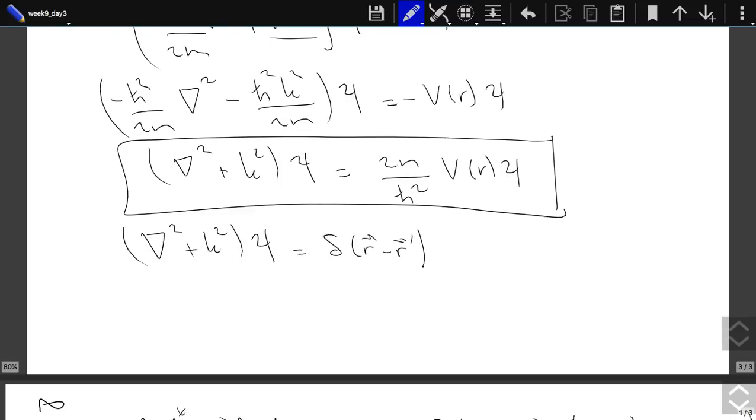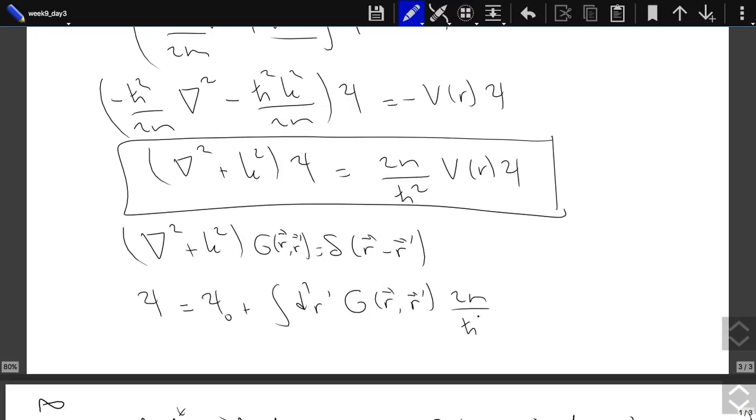If we can solve this equation for, let's say, not psi but G, which will be a function of r and r prime, then we can say that psi will be equal to psi 0 plus the integral d cubed r prime G of r, r prime, 2m over h bar squared V of r prime psi of r prime.